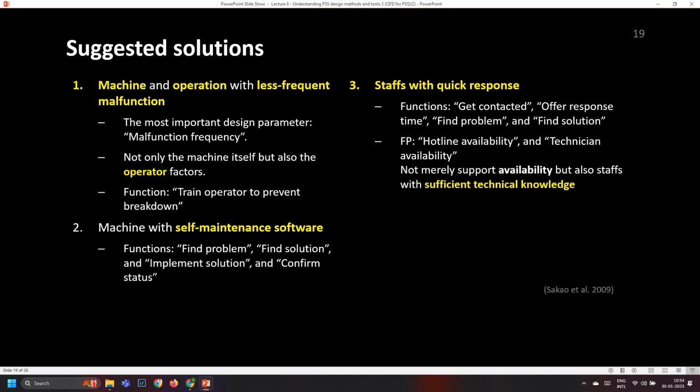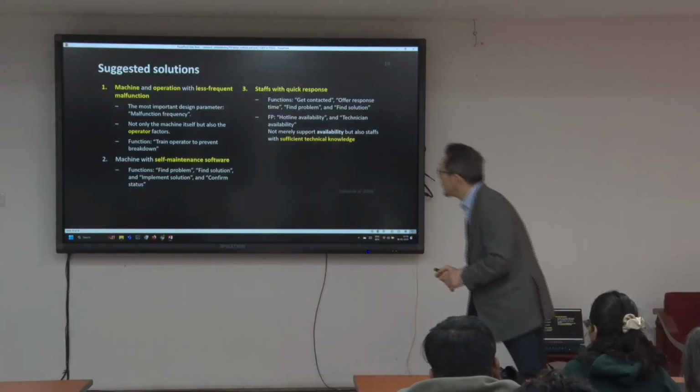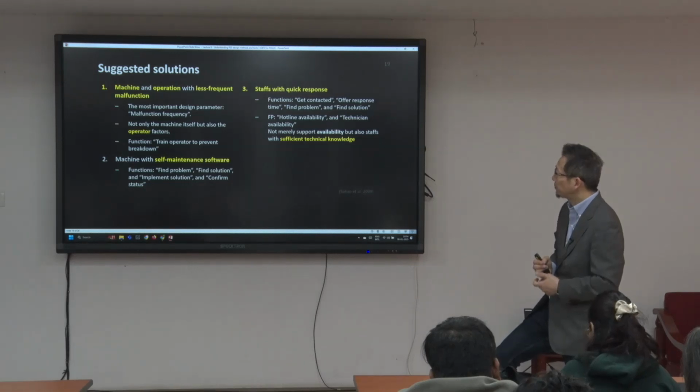For example, number 1, machine and operation with less frequent malfunction, meaning that it mainly responded to the immediate availability, which was the second most important customer value. And then they came up with a solution: both the product and the service should have less frequent malfunction.